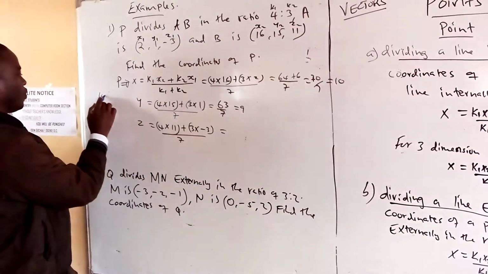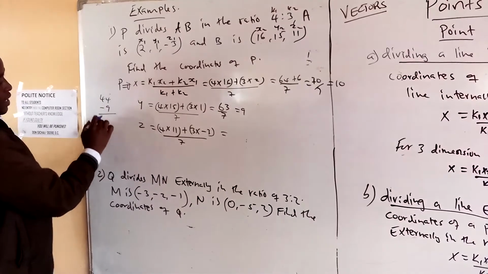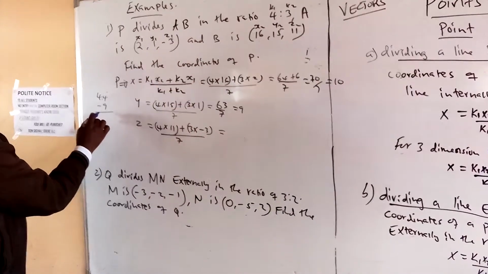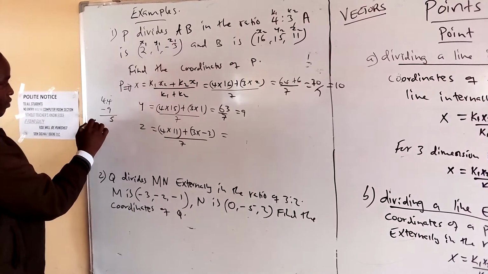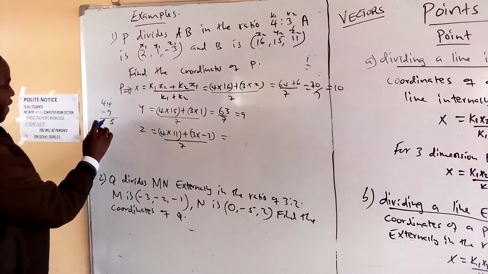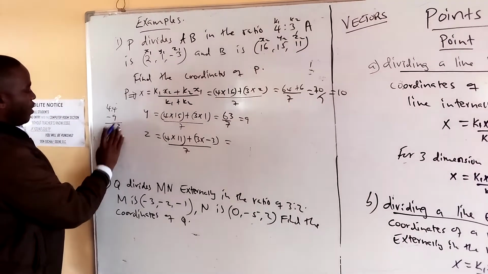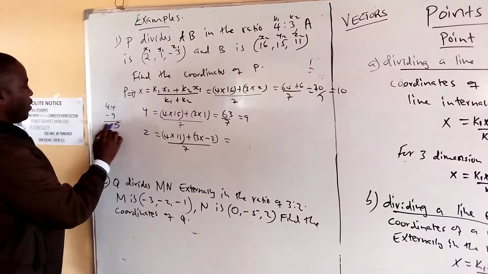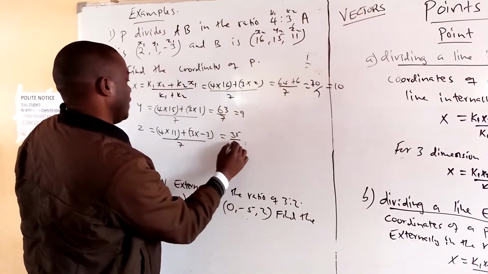So you do 44 with -9, you get 35. So it is 35 divided by 7.